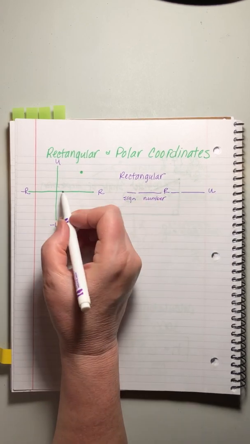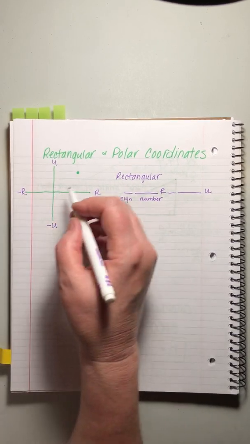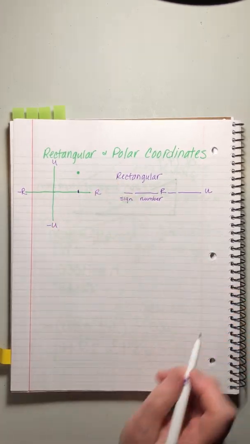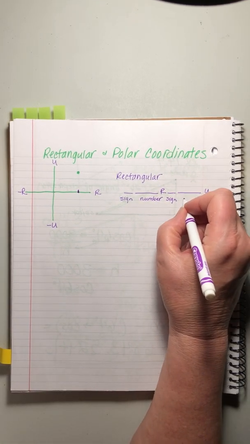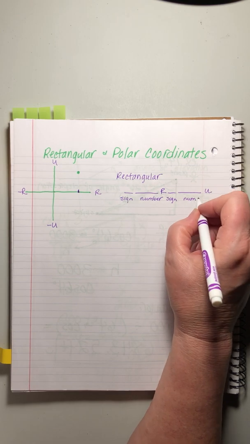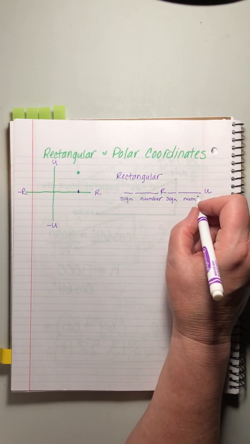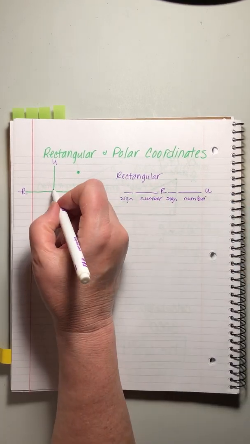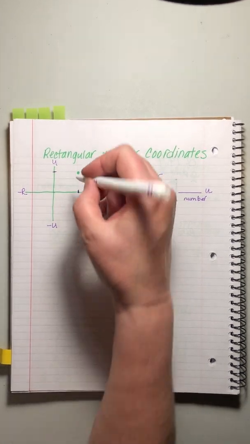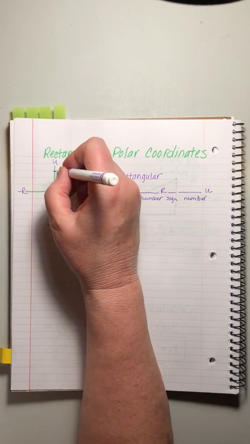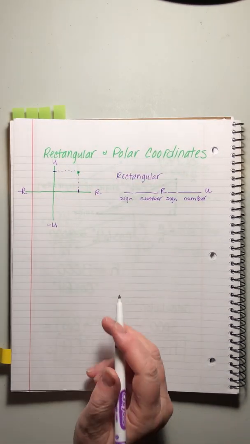That tells us whether to go to the positive right or the negative right and how far. In this case, it would be there. And then we have another sign and another number, and by sign I mean positive or negative, not sine or cosine. We have another one on the up axis rather, and that gives us a way to find the point that we're talking about.